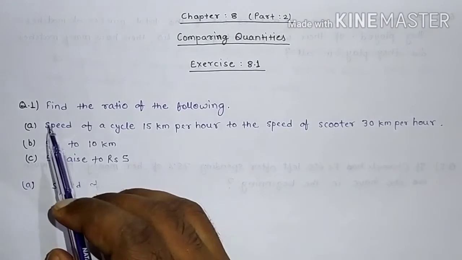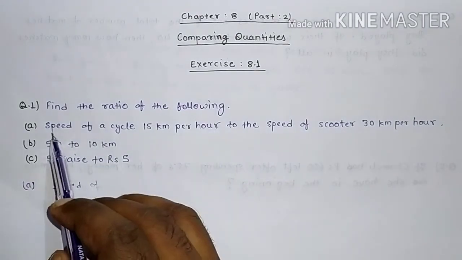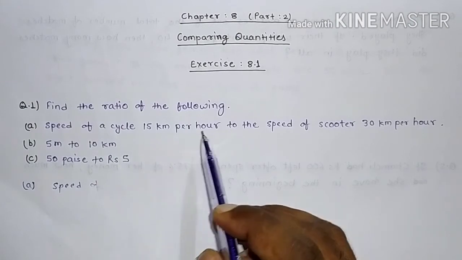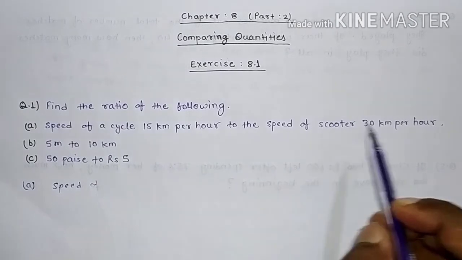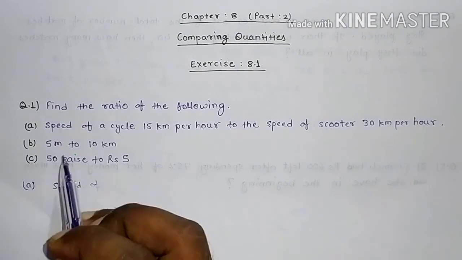Now question number 1. Find the ratio of the following: speed of a cycle 15 km per hour to the speed of a scooter 30 km per hour. Now, what is given in this question?